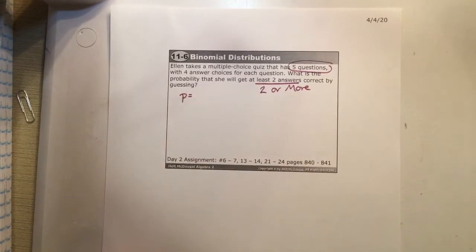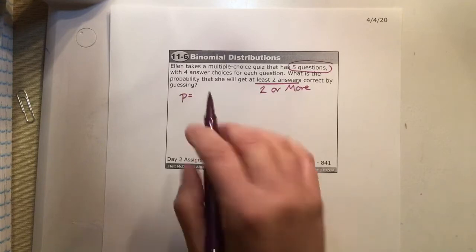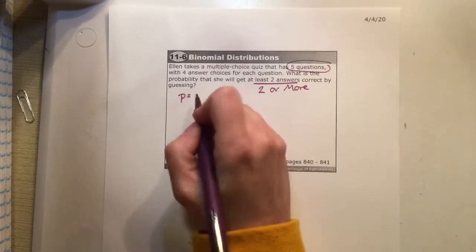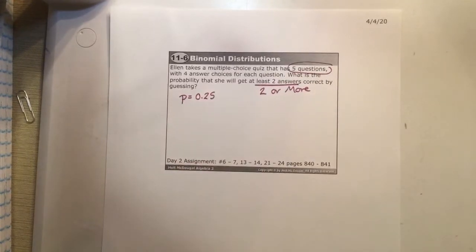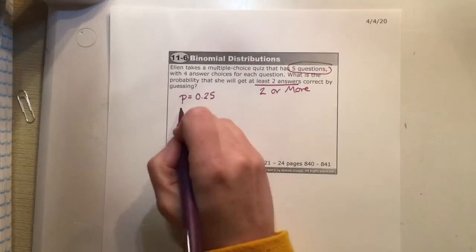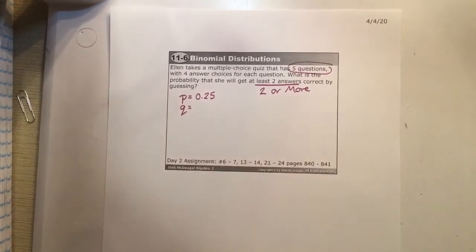Probability of success. Well, being a success would be to guess the answer correct. If there are 4 answer choices, the chance that you're going to guess it correctly without any knowledge is 25% because it's 1 out of 4. Your probability of failure would be the chance that you weren't successful.